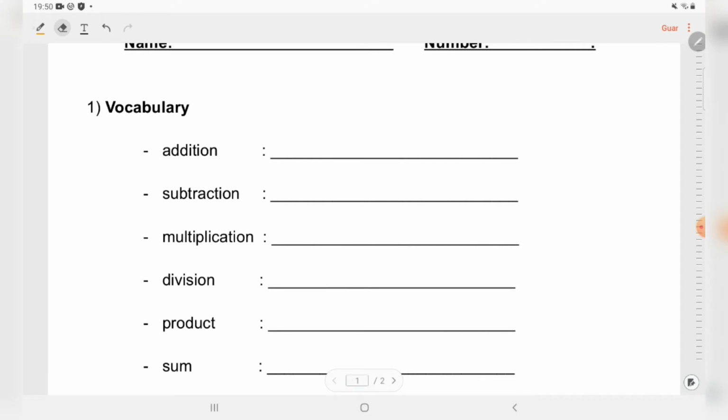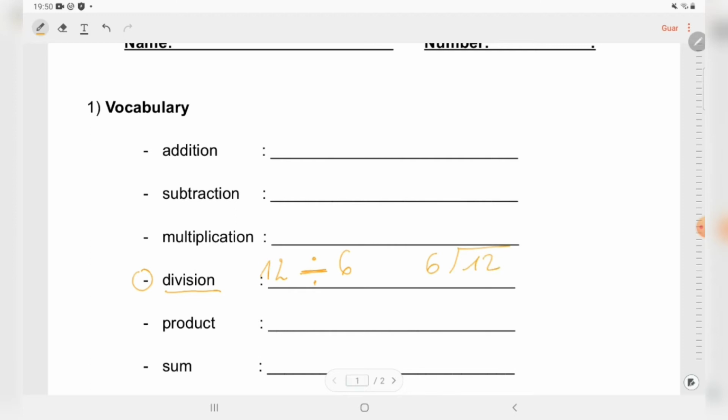Now next word, division. Can you read with me, please? Division. Perfect. As you know, when we use a division, we normally use this symbol. We have the horizontal form to write it, for example 12 divided by 6, or this other form, 12 dividing 6.